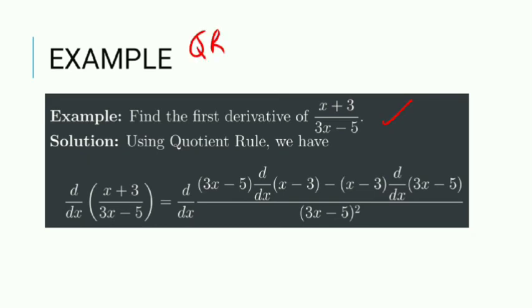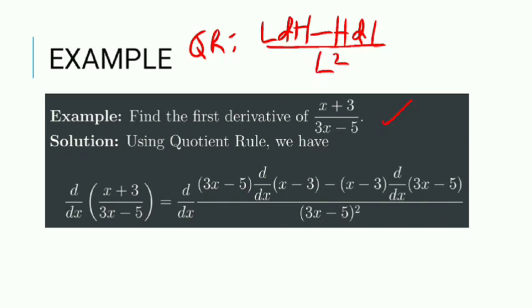Using the mnemonic, low d high minus high d low over low squared, it is equal to 3x minus 5, which is the low, times the derivative of the high, which is x plus 3, minus the high, which is x plus 3, times the derivative of the low, over the low quantity squared, okay?